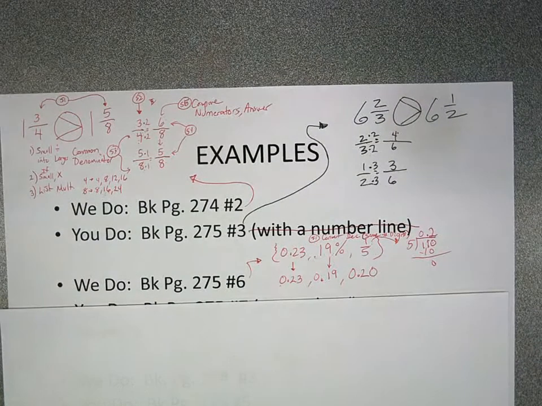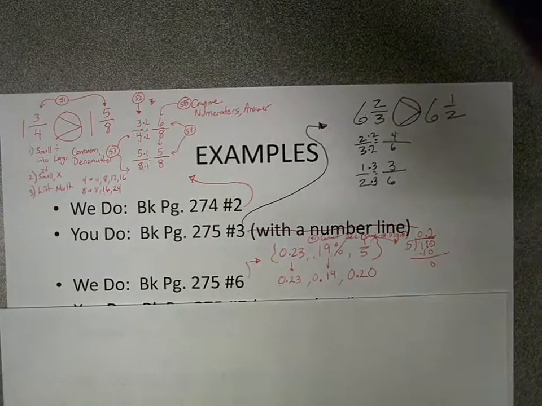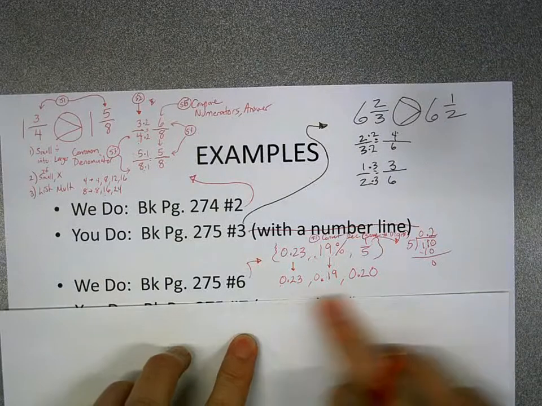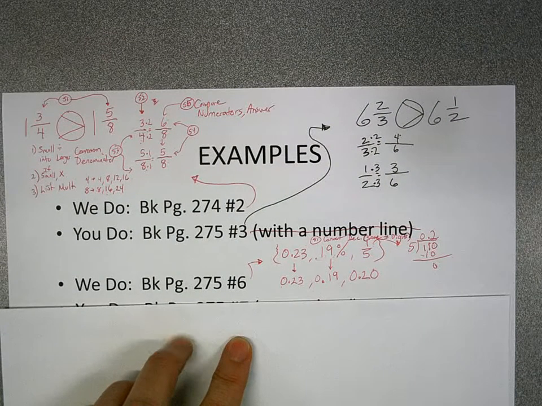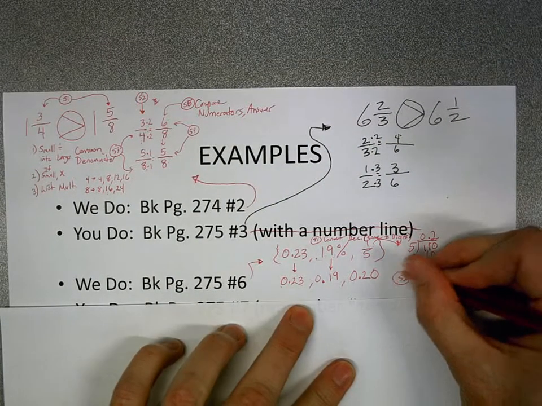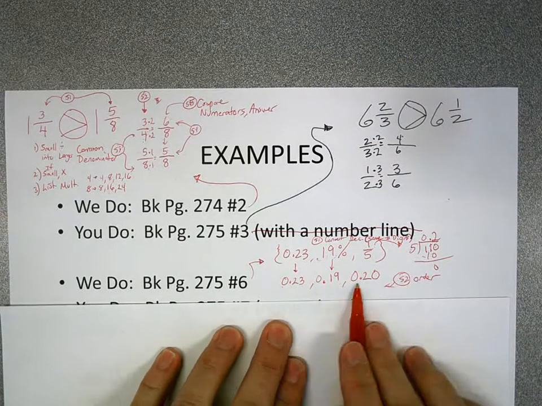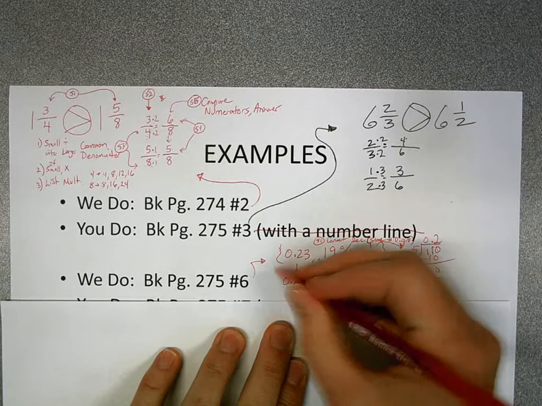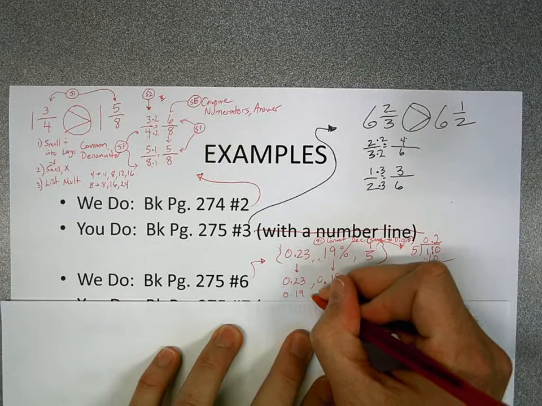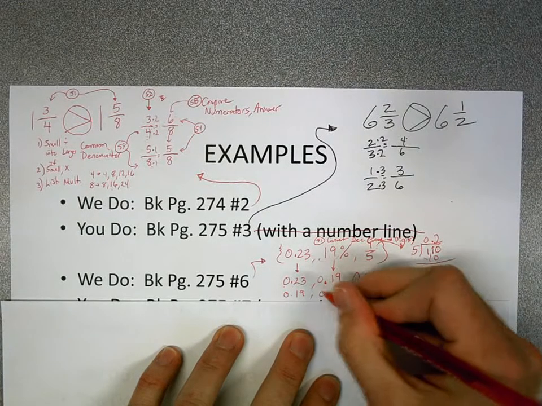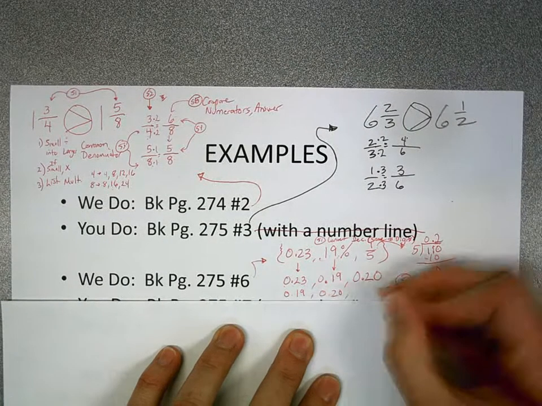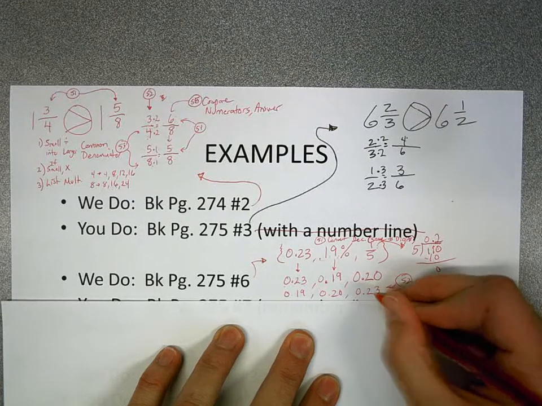And now when we compare, we can look at it almost like whole numbers. So now step 2 is I'm going to put them in order. 19 is the smallest, 19 hundredths, then 20 hundredths, and then 23 hundredths.